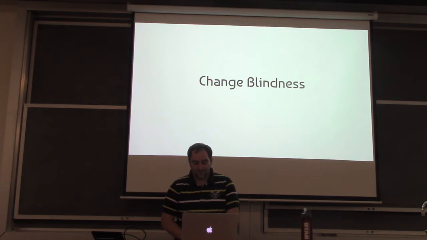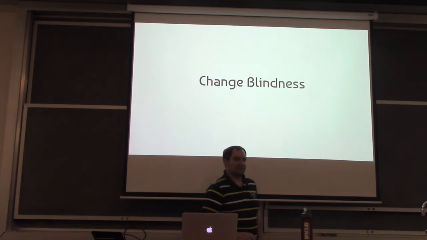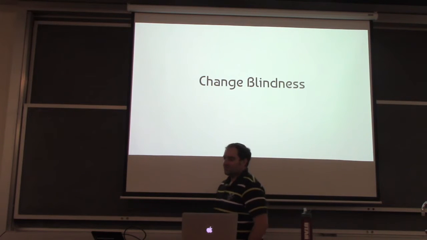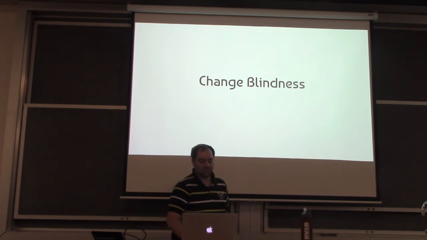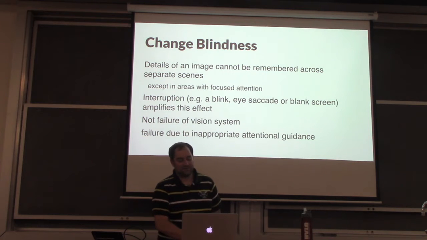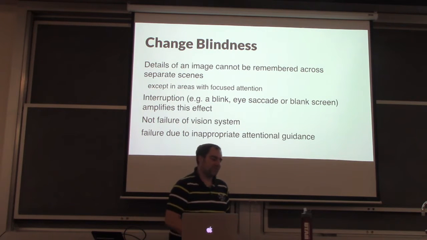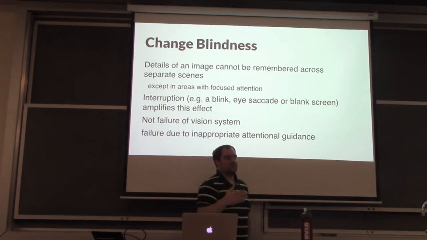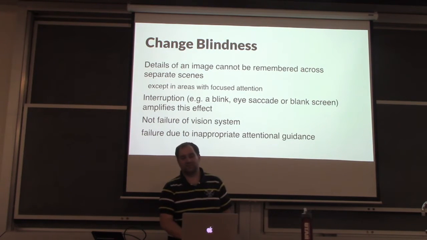Okay, so we talked about perception and about the fundamental biology, about the difference between cognition and perception, and then we started talking about change blindness. The point here is that if we change things, we don't necessarily notice that things are changing.